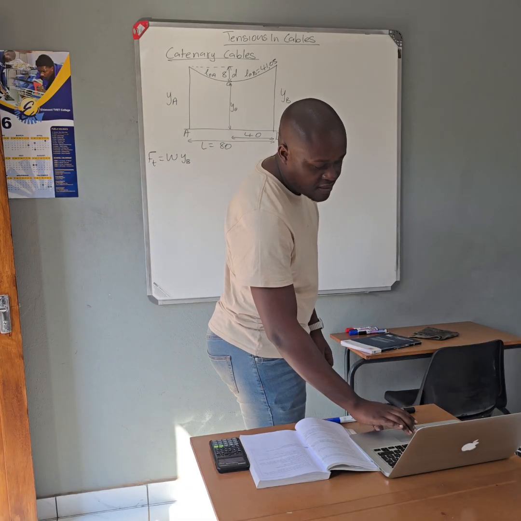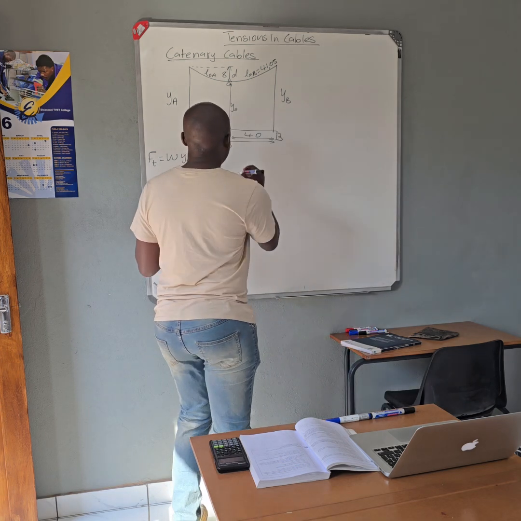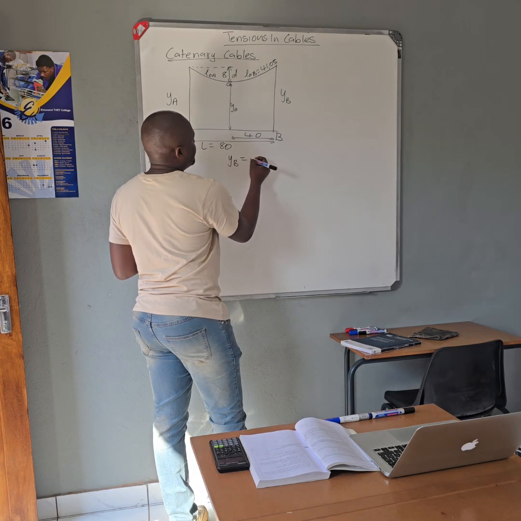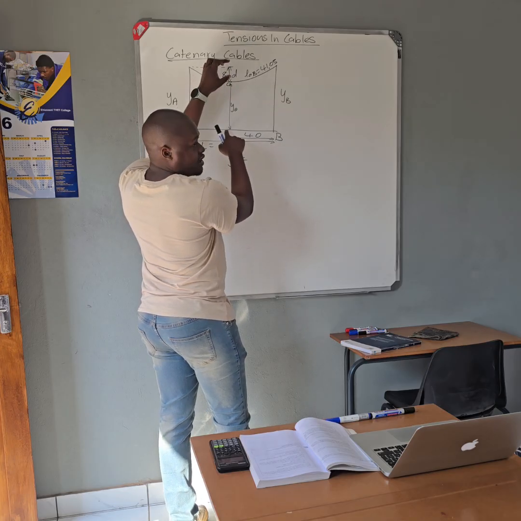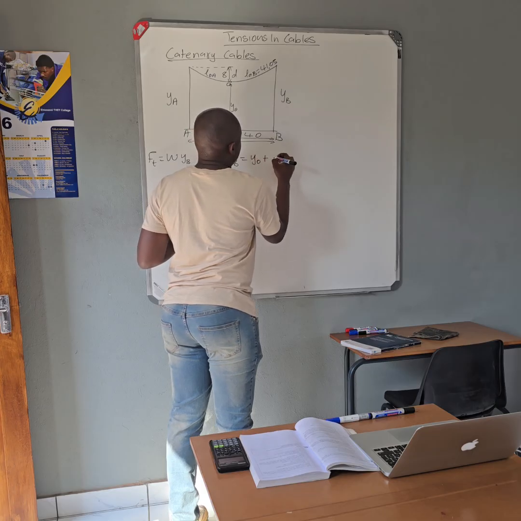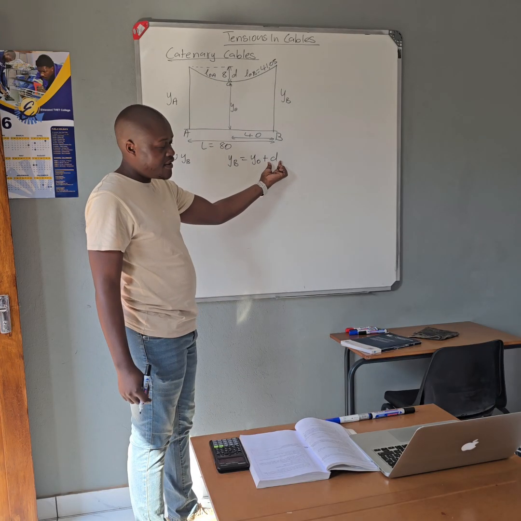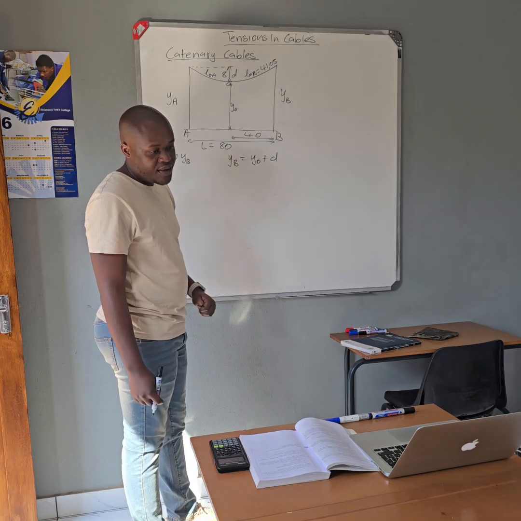Now, what else do we know? We know that yB is going to be equal to yO plus OD there. So it's going to be equal to yO plus OD. And we have OD, so we need to find yO.